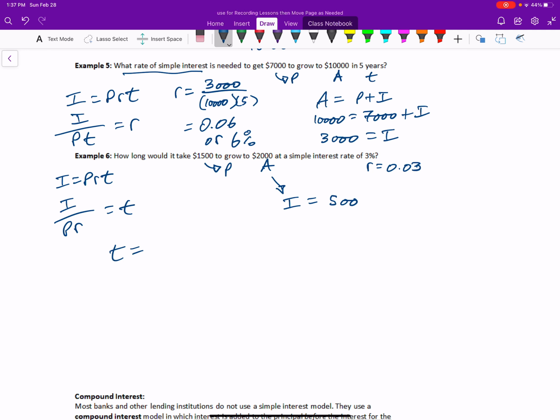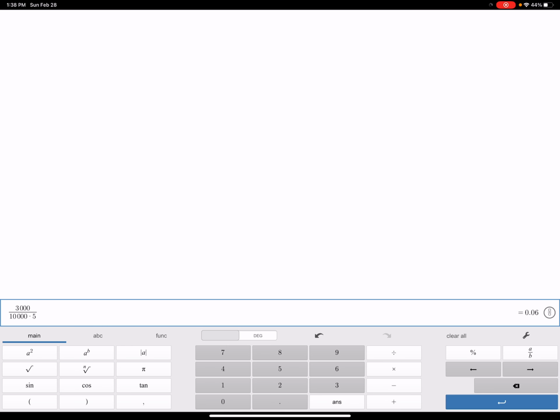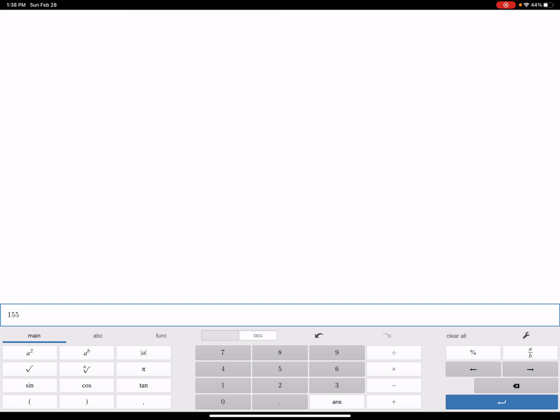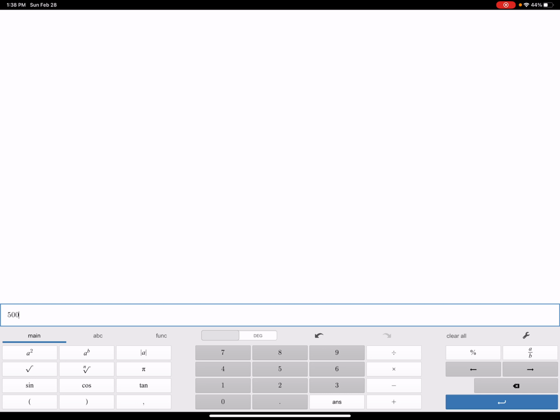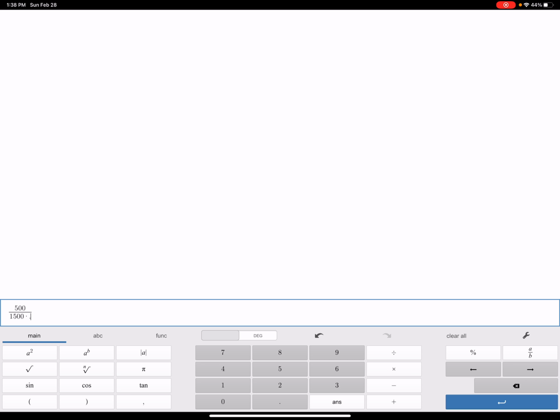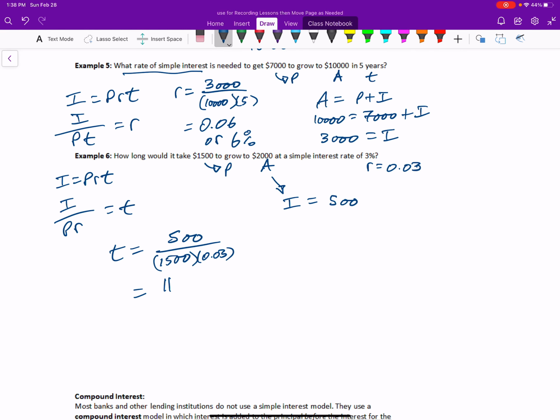So T, the time in years, is going to be $500 divided by $1,500 times the rate of 0.03. Nope, let me clear that. 500 divided by 1,500 times 0.03. 11.1 repeating, my mistake. Let's just say 11.1 years, or we could even just say about 11 years.